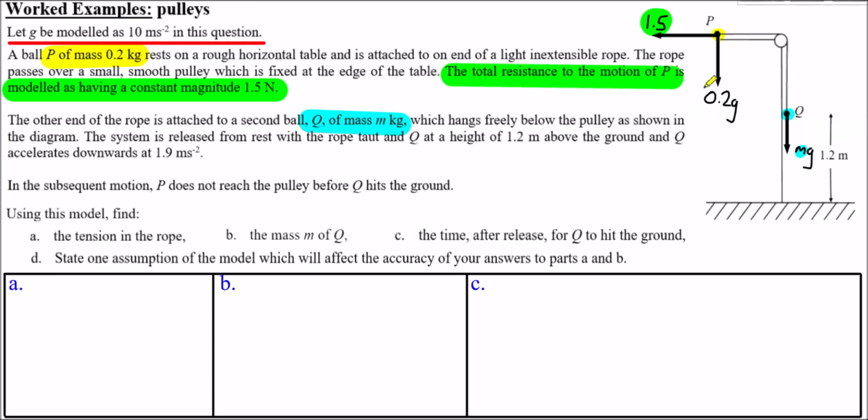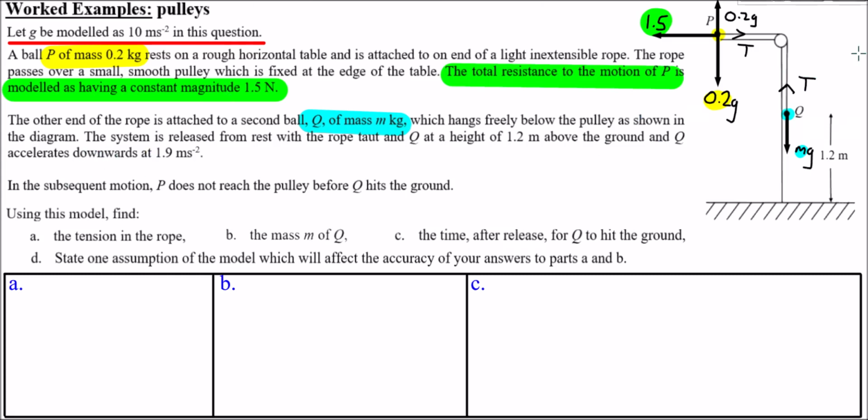And again, for completeness, I'm just going to model on the reaction force from the table on P, which will obviously be exactly the same as 0.2g, because there's no vertical motion here. As well, of course, we need to always remember the tension forces, so tension acting that way on P and acting upwards on Q. And Q is 1.2 above the ground, and it's accelerating downwards at 1.9 meters per second squared.